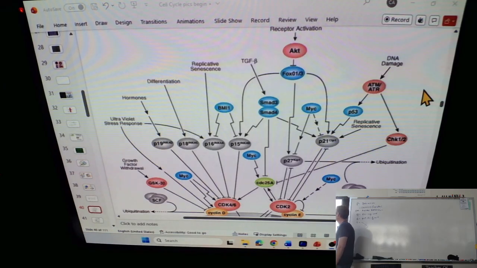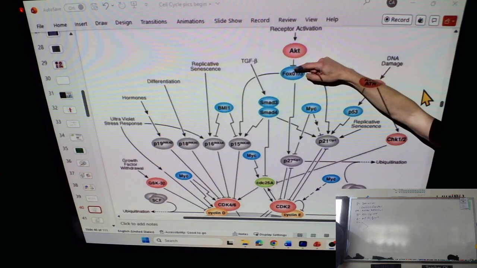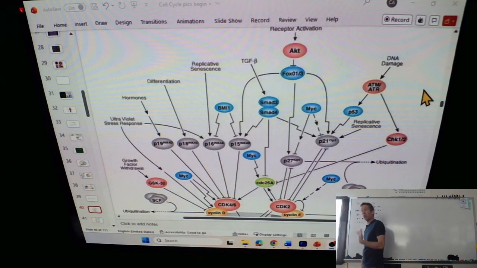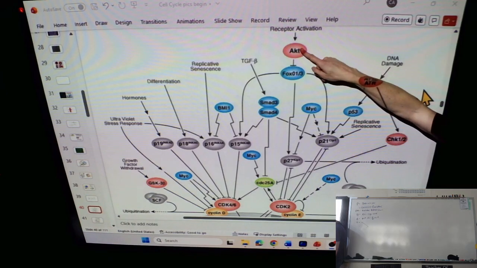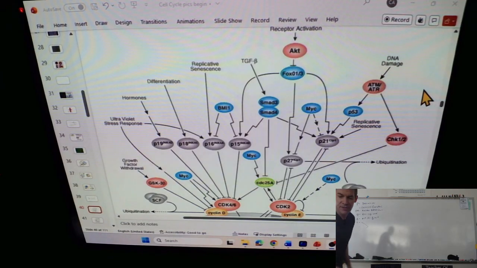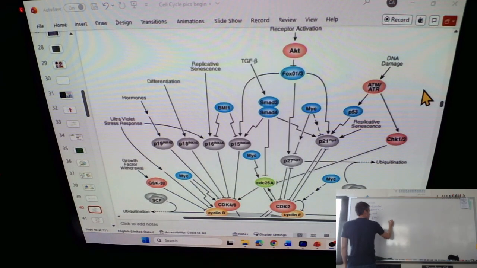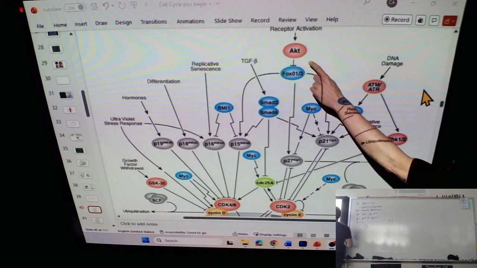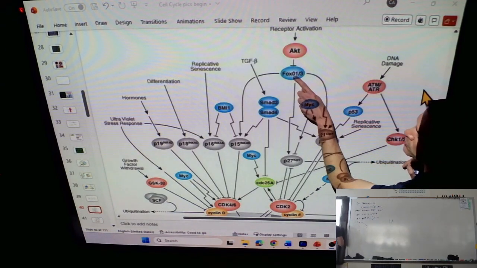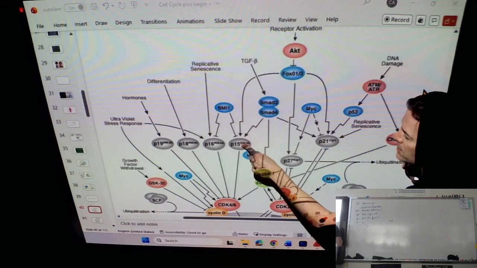Anyway, the easiest way is the plus-minus method. It's a proto-oncogene, by the way. So AKT is stopping that one, so I think of that as a minus. And then that causes FOX to be that guy.